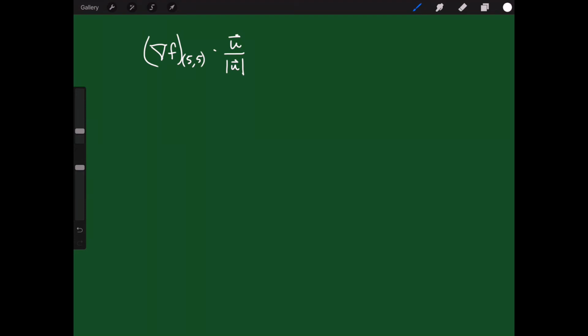The gradient was 10i minus 20j, and I need to dot that with my unit vector, which was 4/5 i plus 3/5 j.